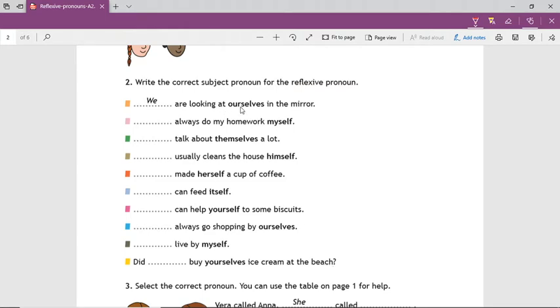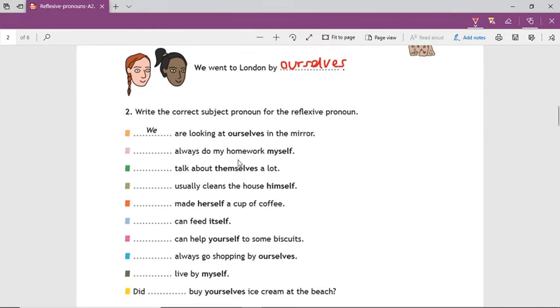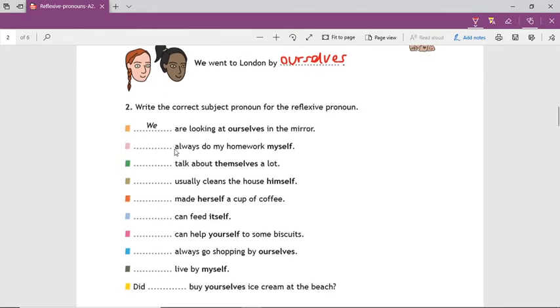Blank live by myself. Did blank buy yourselves ice cream at the beach? Okay, so the first one, remember relating to that last example, is a good way to start. So we have we as a subject pronoun and ourselves becomes the answer. For the next one, myself, so the answer is going to be I. And it wouldn't be me always do my homework myself.